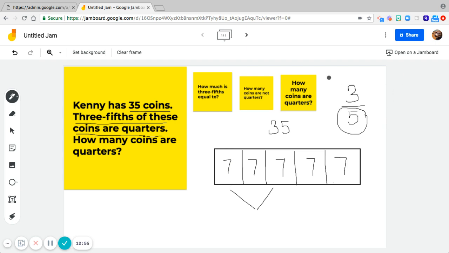Now remember, our numerator of 3 tells us that we need 3 of these fifths, hence the fraction 3/5.